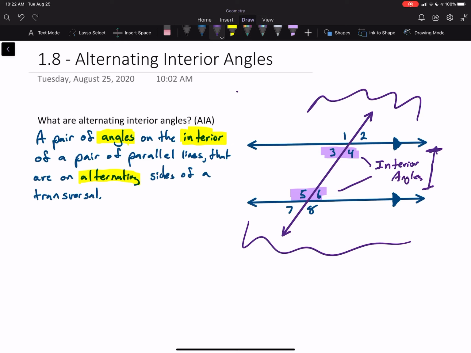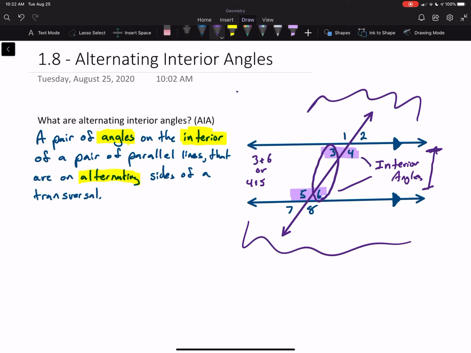Then you would look and say, okay, 3 and 6 here, those could be a pair, and 4 and 5 could be a pair of alternating interior angles. Not 3 and 4, that's wrong. 3 and 6, like I just said, or 4 and 5 would be AIA, alternating interior angles.